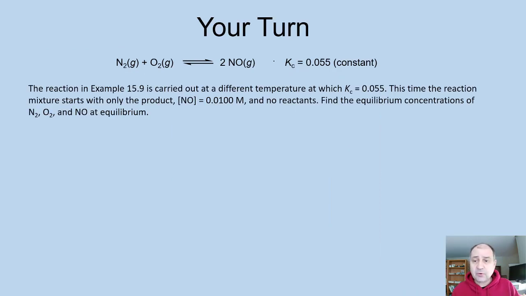So here's a problem for you to consider. I'm not going to work it for you. I think it will help you. If you do want me to help you with it, you've got to come by my office hours. But it's the same reaction, except this time we are told that we only have the product as a concentration. So this is going to shift to the left. And when you set up your ice table, I'll give you one hint.